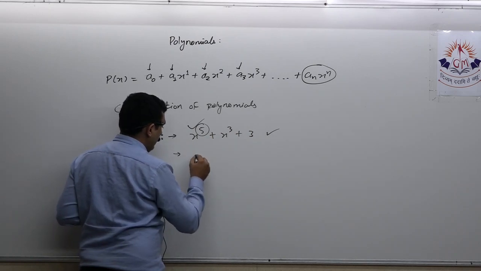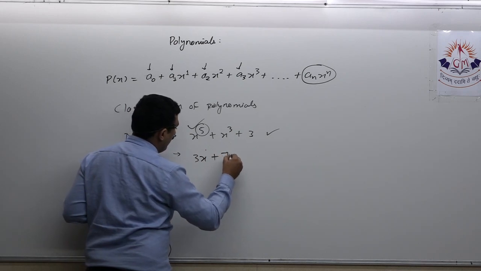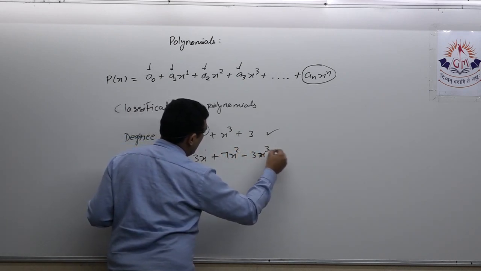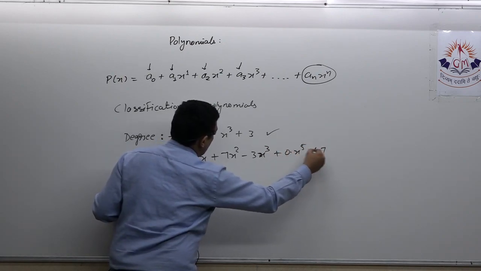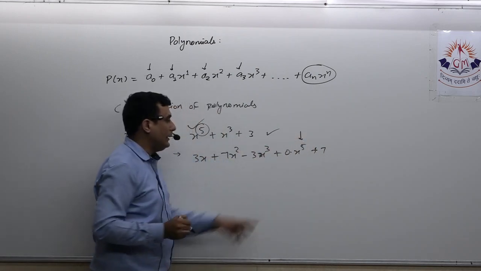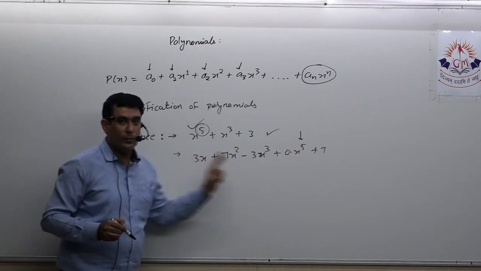Then if I say 7x raised to 2 minus 3x cube plus 0x raised to 5 plus 7, many of you may say the maximum power of the variable is 5, so the degree of the given polynomial is 5.